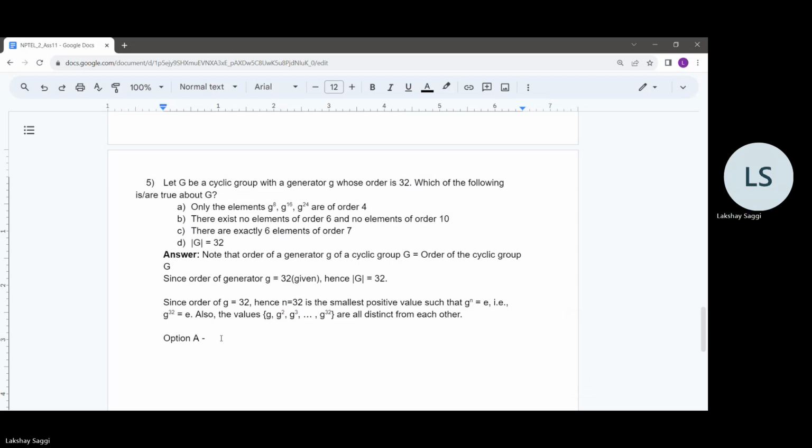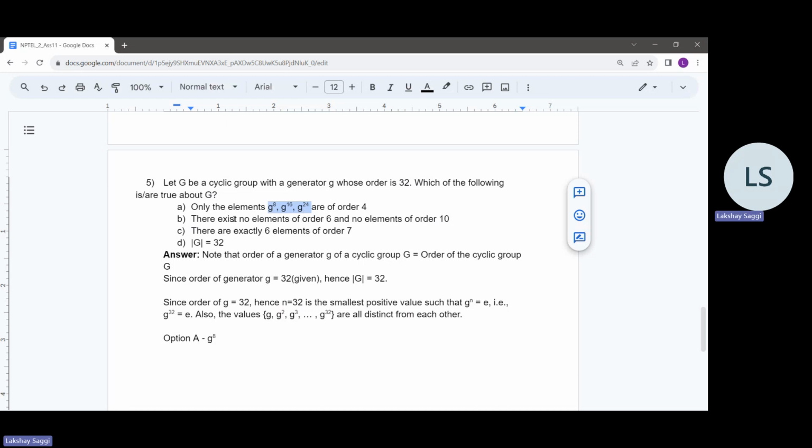It can be seen easily that g to the power 8 will have order 4. So to verify whether only these elements have order 4, we need to check that these indeed have order 4, and we also need to say that no other element will have order 4.